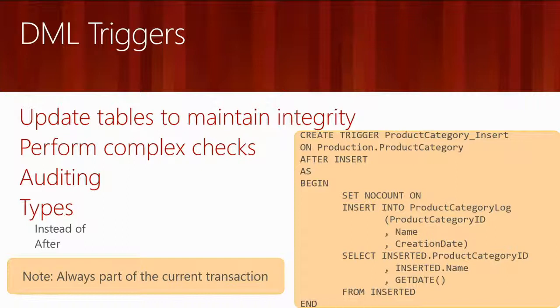And by the way, along those lines, that little set no count on: without that, by default, what would wind up happening is you would actually see, for an instead of trigger, 2 rows updated, 2 rows updated. The reason for that is because it's seeing it here, and then letting you know, by the way, 2 rows were updated. And of course, it's seeing your original query and letting you know the number of rows updated. So if you're trying to get rid of that duplication, the answer is going to be set no count on.